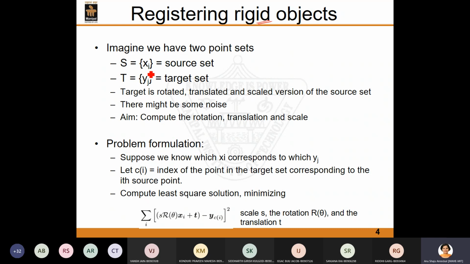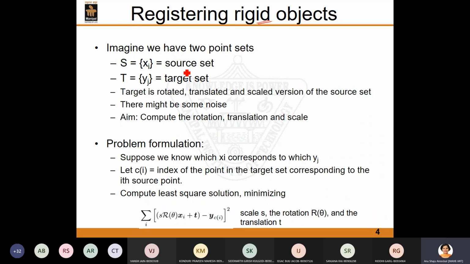Let's say that xi is the set of points which are present in the source image, and yj are the set of points which are present in the target set. Instead of saying image, let me call it a set over here. It could be a 2D image, it could be a 3D space, etc.